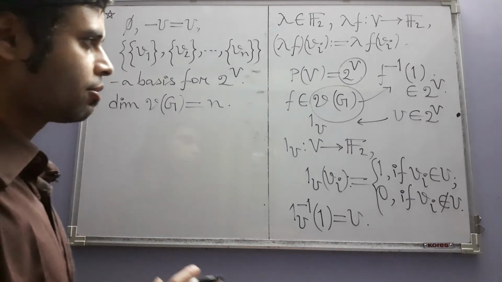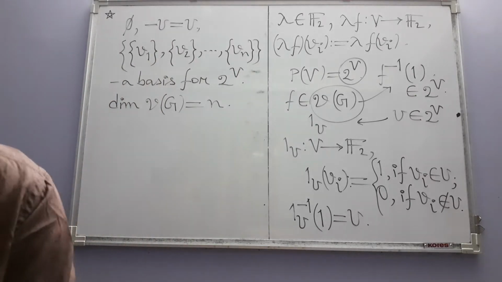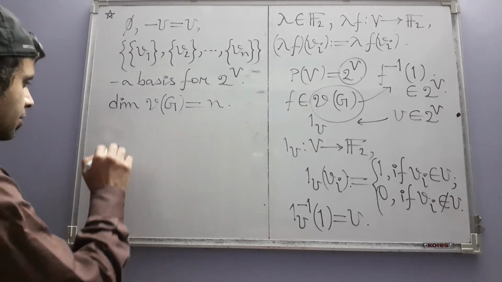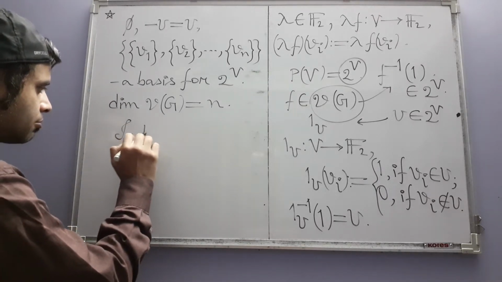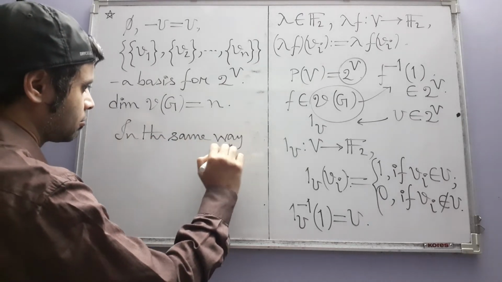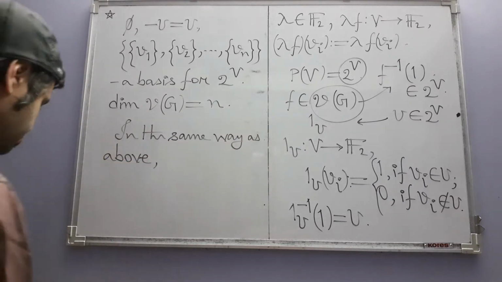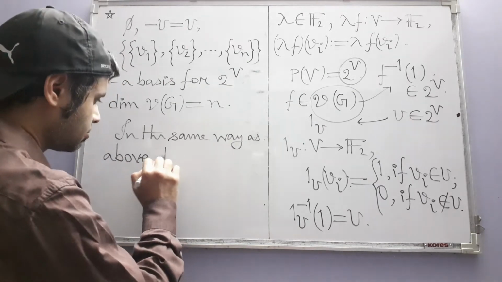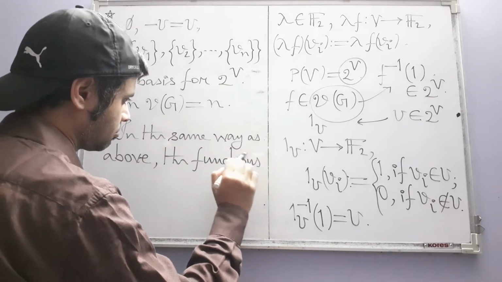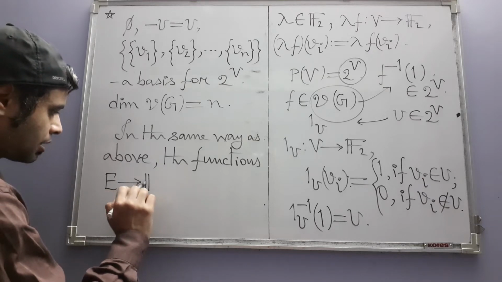Now all these things can also be done for the H set, and that's where now we start writing things formally. So the author writes, in the same way as above, the functions, this time from the H set into our two element field.